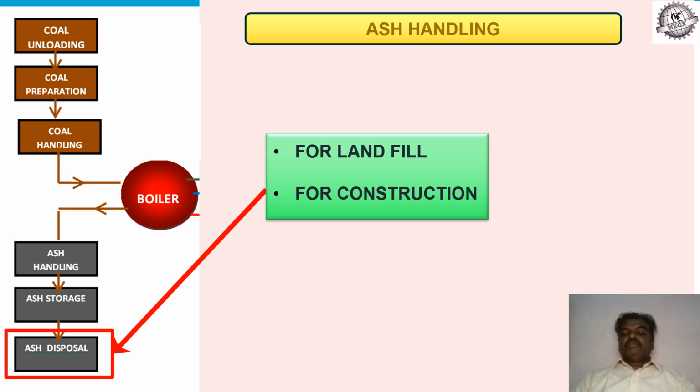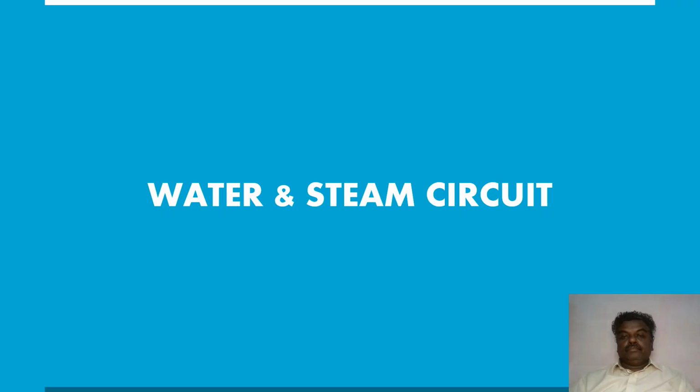So these days, the ash disposal is no longer a problem. The manufacturers of fly ash bricks just come down to the location of the power plant and take the ash for their use.